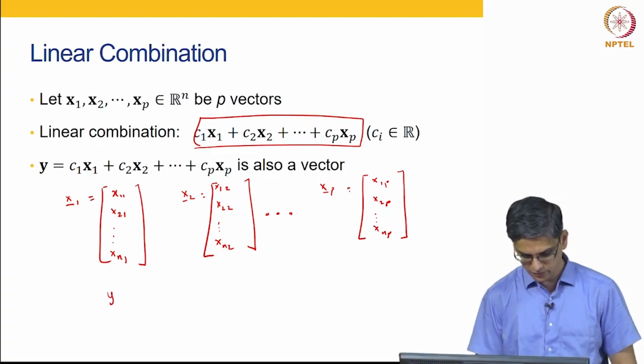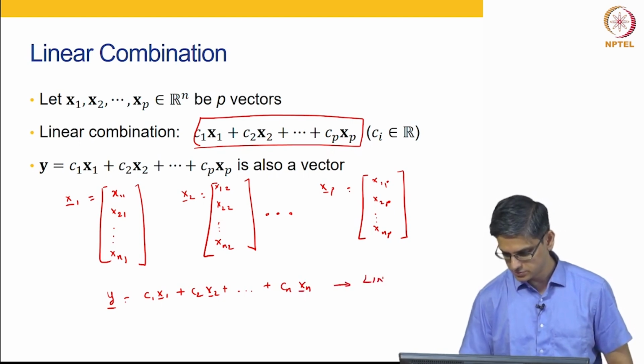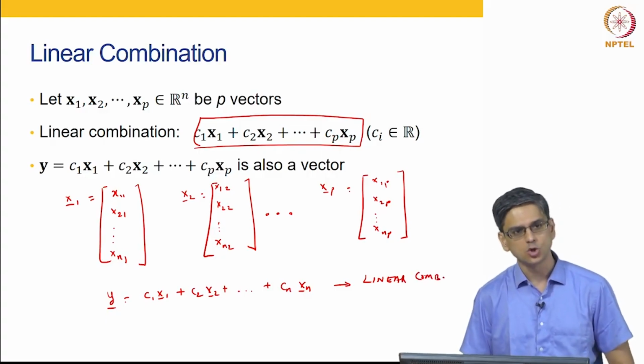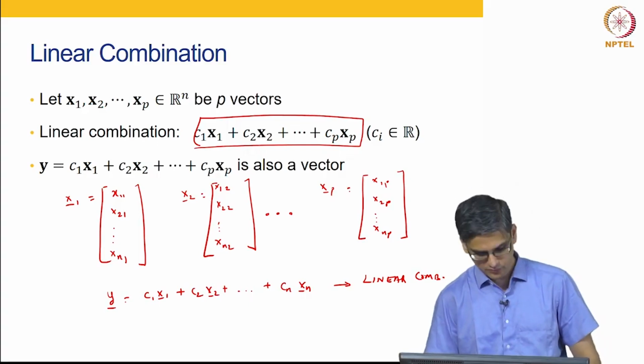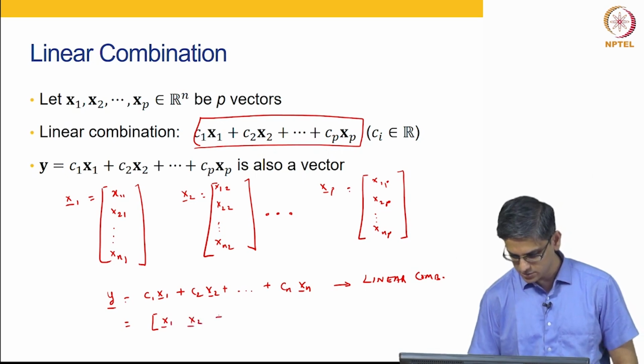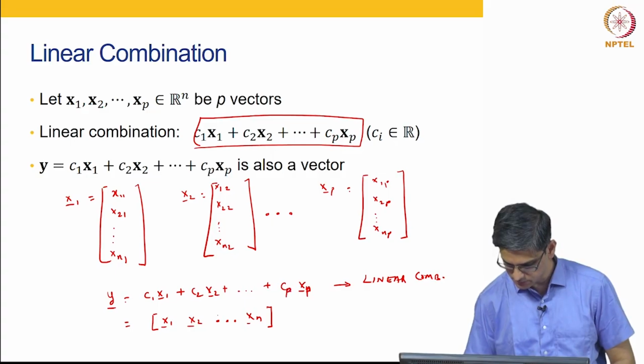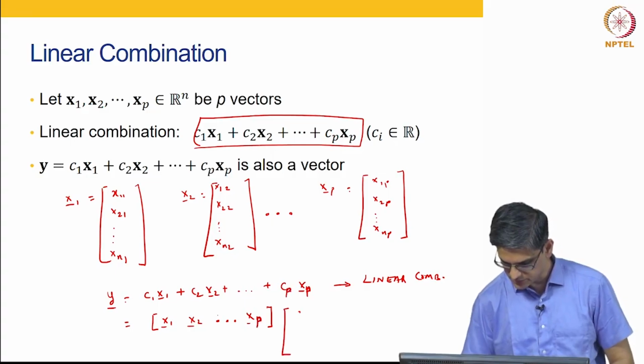And y bar, which is represented as c1 x1 bar plus c2 x2 bar and so on, is obtained by a linear combination, okay, and this is also a vector, okay. And we will represent this as x1 bar, x2 bar and so on up to, not xn, sorry, xp bar multiplied by c1 up to cp.